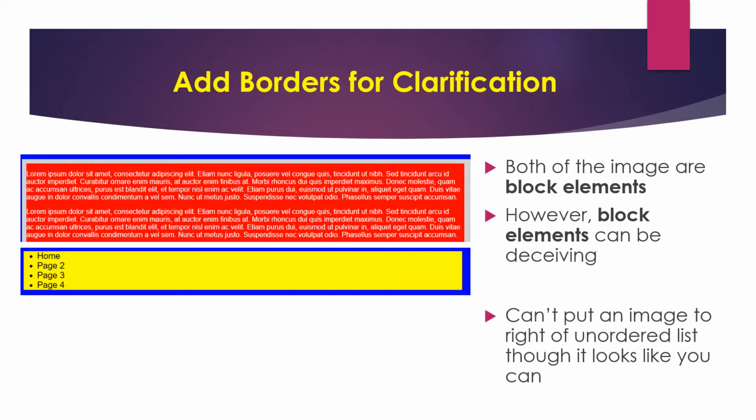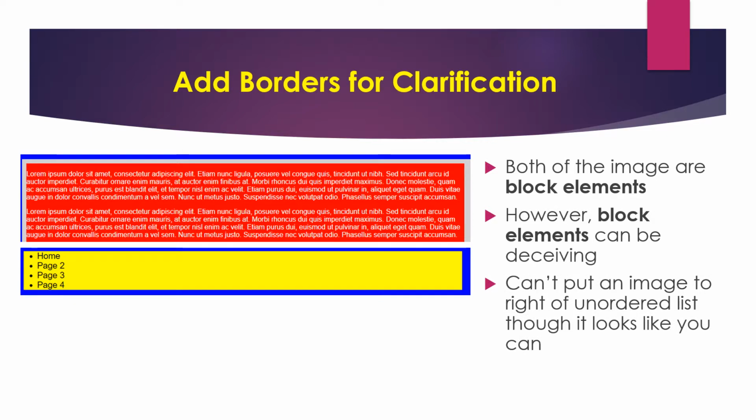Block elements can be deceiving in this regard. So again, if you're not sure, make sure you put a border around it to see if it is a block element or an inline. So you might look at that and say, hey, I can put an image to the right of that indexed or that unordered list, but in reality you can't because the unordered list is a block element.